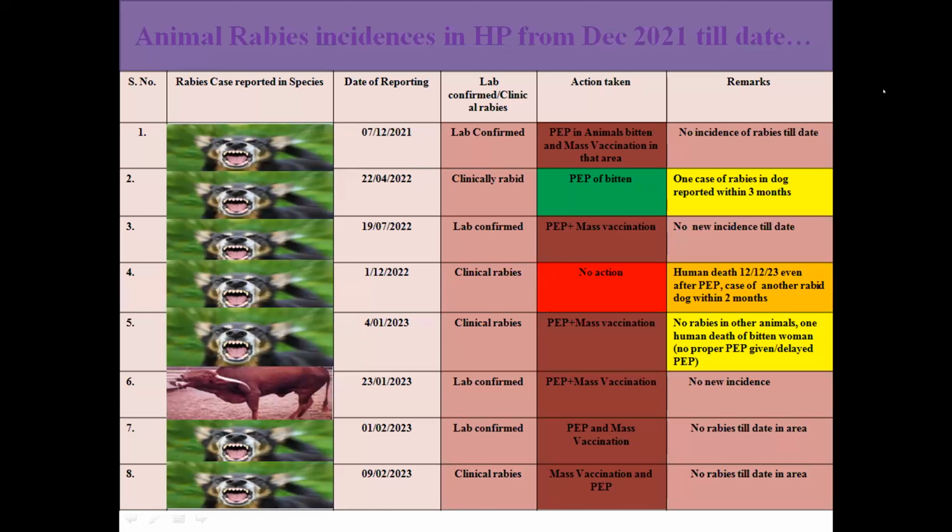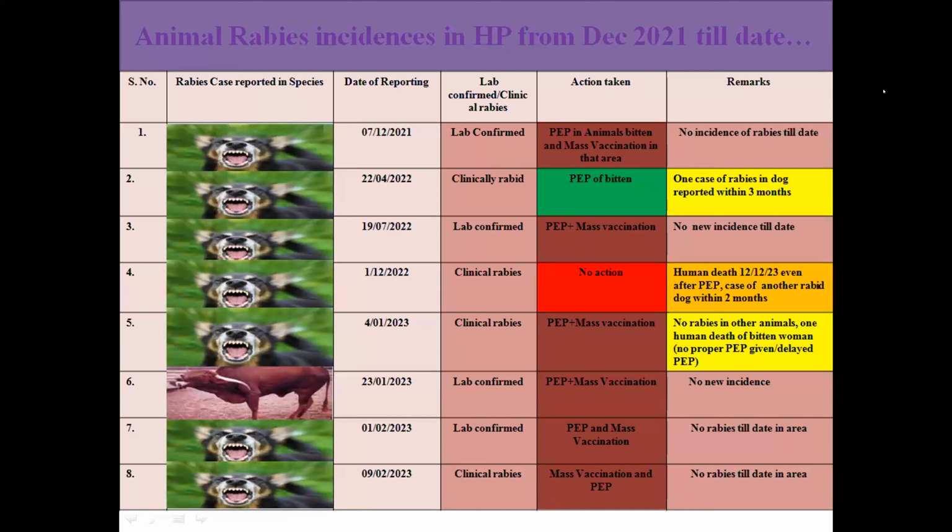And if there is post-exposure prophylaxis of the bitten animals, if only PEP is followed, one case of rabies in dogs was reported within 3 months also. This might be because some of the bite victims go unnoticed and unvaccinated, with no PEP, as it is also there in stray dogs. So how can we recognize which one has been in contact with the rabid dog or not?